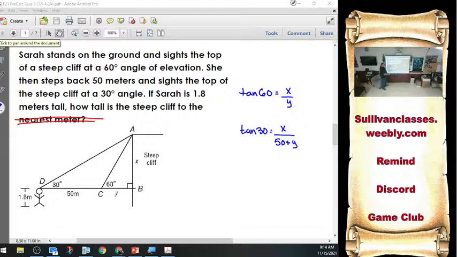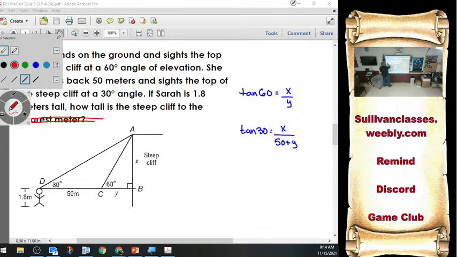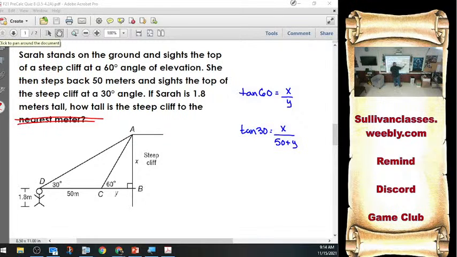If I want to know what x is, I should probably swap my extremes, or cross multiply, and say x is y times tangent of 60. Or y is, which one's better? Should I say x is stuff and replace x? Or should I say y is stuff and replace y?